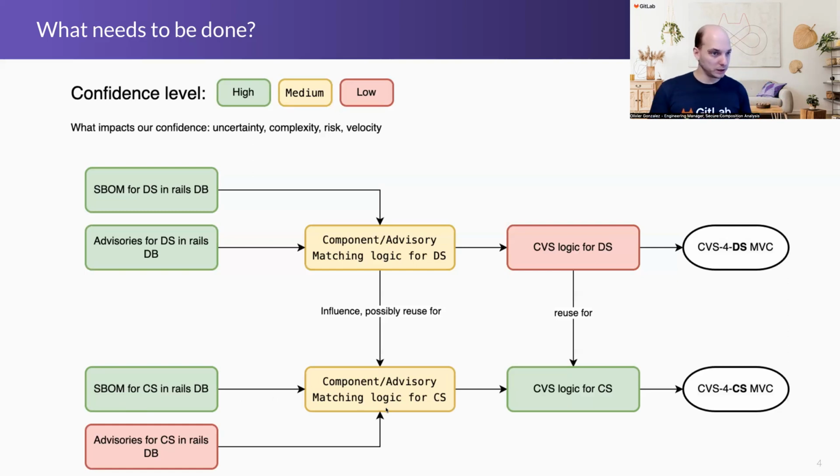Again, there might be a little level of uncertainty here because matching logic for operating system packages might be slightly different than for application packages. But once we have achieved that for dependency scanning, all the architecture and the framework to do that will be already in place. So it would just be a matter of having the specific logic for container scanning packages to be applied. Again, there is not a lot of opportunity to demonstrate an iteration there. And this is also highly dependent on the progress made on dependency scanning.